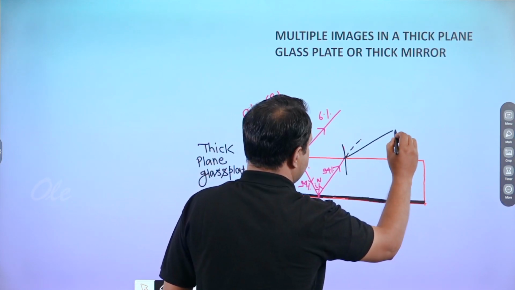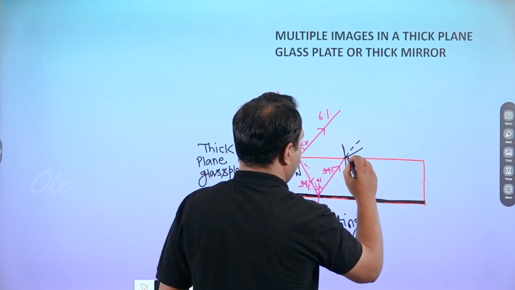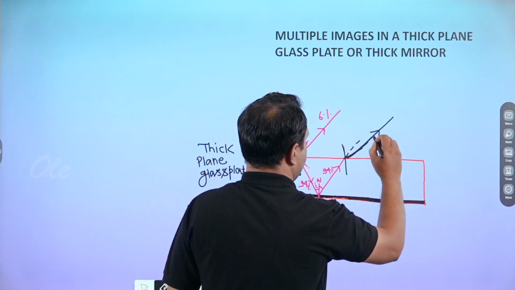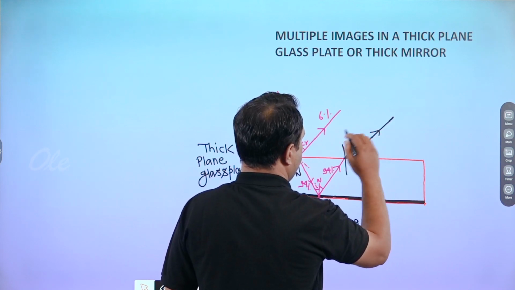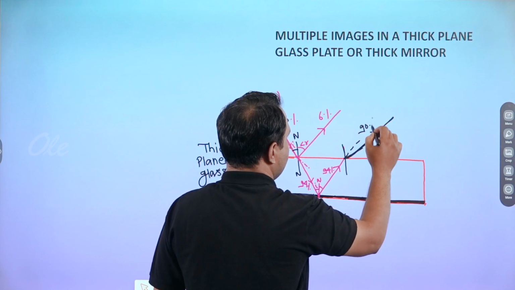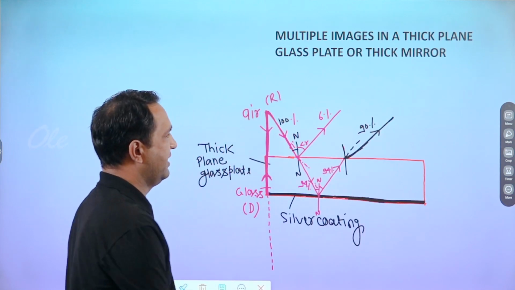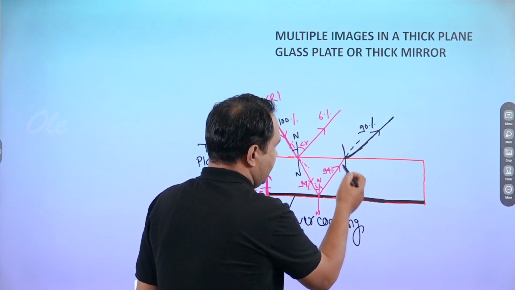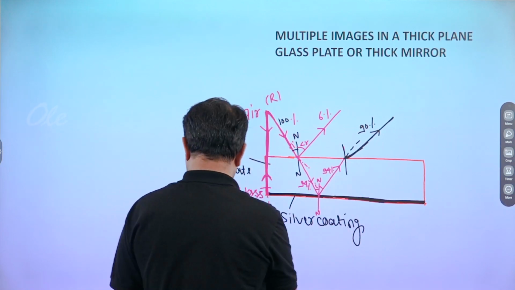So it will go like this, right? Now this will be the reflected ray with 90% intensity. Now some part of it, 4%, will reflect.